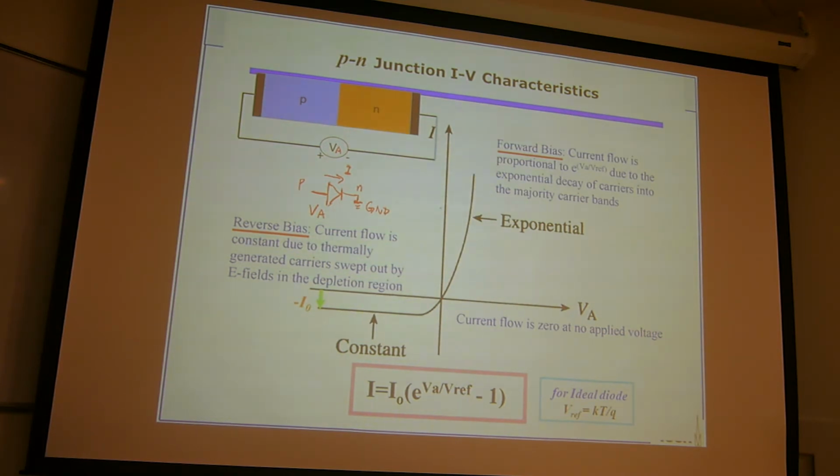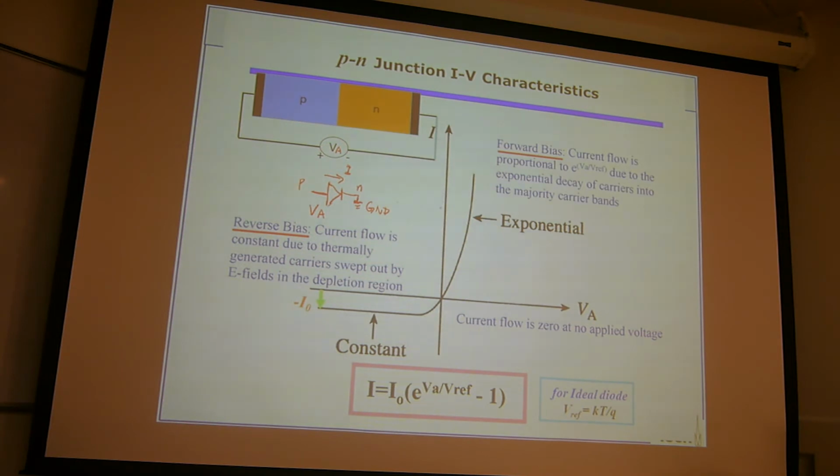It doesn't matter, because the voltage, positive and negative, is relative to your reference. Applying positive voltage to the p-type is similar to applying negative voltage to the n-type. But let's make it consistent through the discussions in this class. So we assume the n-type is ground, and you only apply voltage to the p-type.